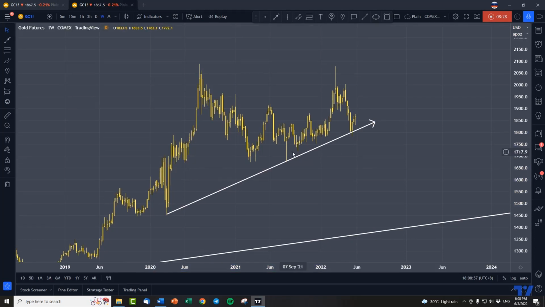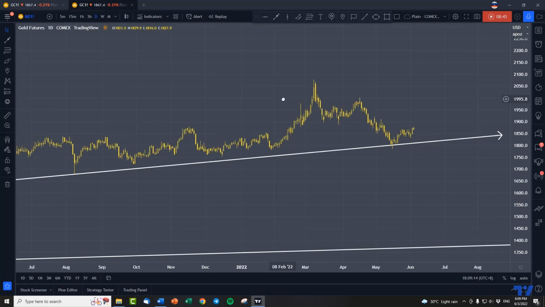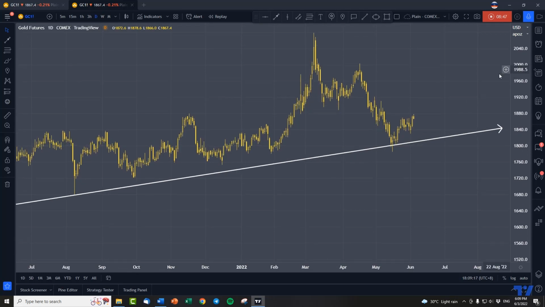Now, let me just try to do one more thing here. I'm going to look at the daily chart. Remember, this is a weekly chart, and it seems to me that this is quite a nice secondary uptrend line. I'm just going to experiment with a different time frame, and I look at the daily chart here. I could see that this day, the 16th of May, it rested very nicely.